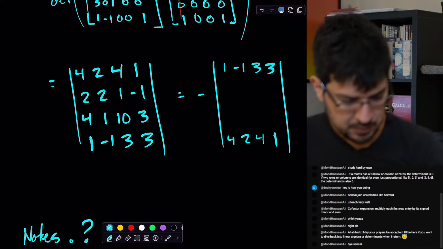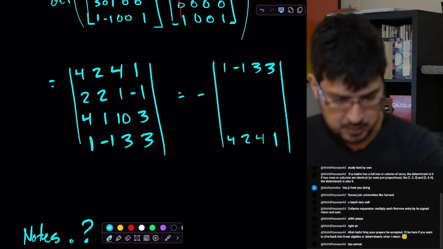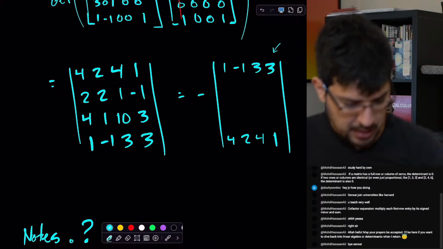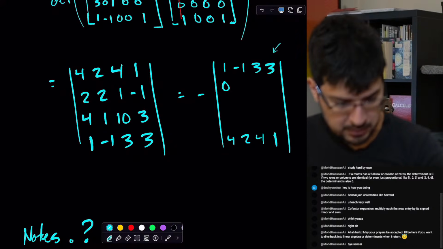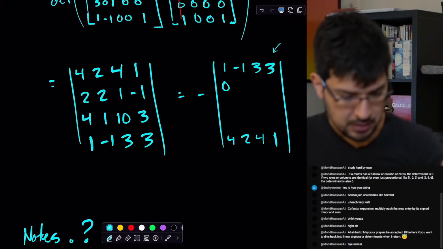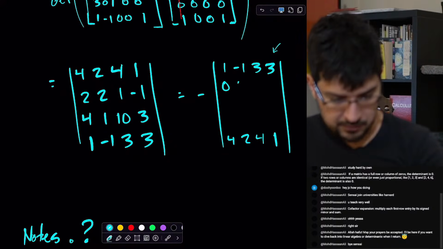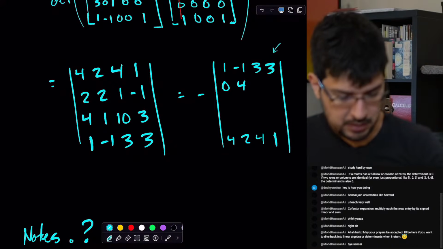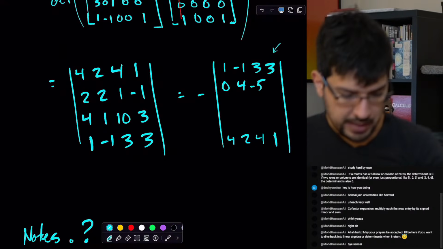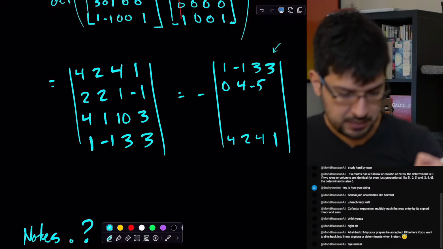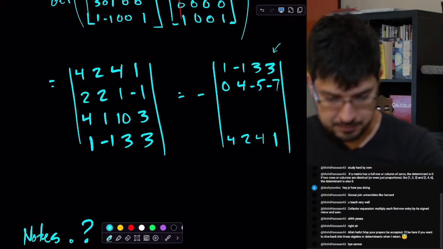I'm going to subtract 2 times row 1 prime from row 2. So 2 minus 2 is 0. 2 plus 2 is 4. 1 minus 6 is negative 5. Negative 1 minus 6 is negative 7.